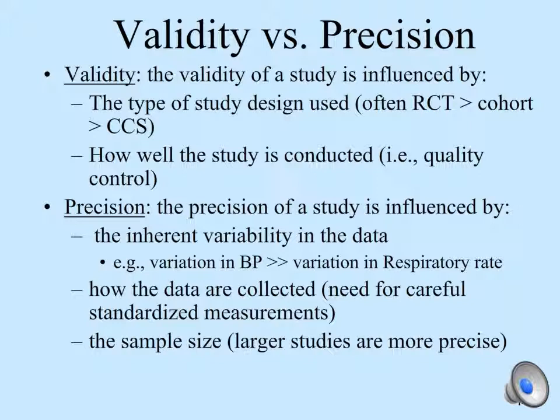But how well a study is conducted, the quality control of the study, is also incredibly important. So in addition to looking at study design in this course, you'll also be evaluating the conduct of studies. Whereas precision is influenced by the inherent variability in the data, how the data are collected, and the sample size.